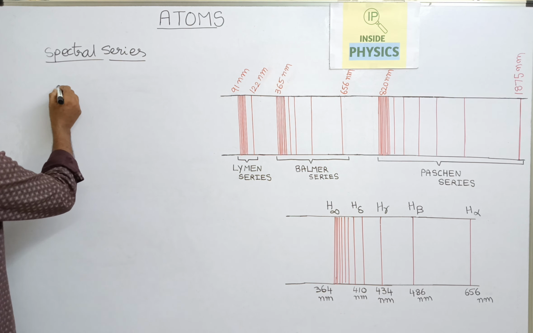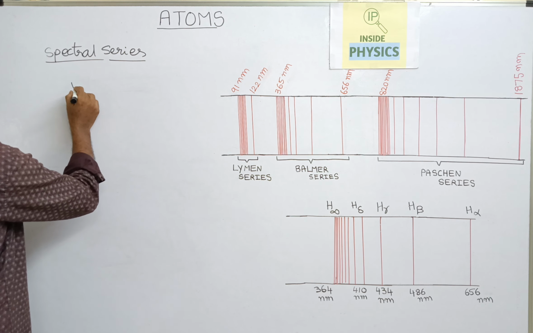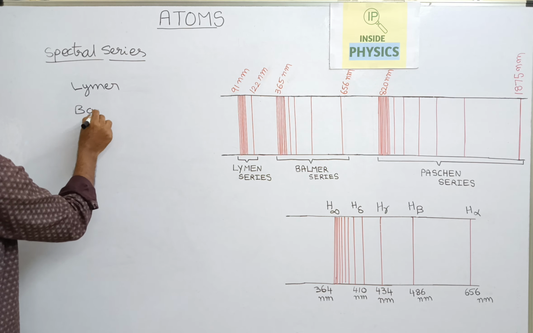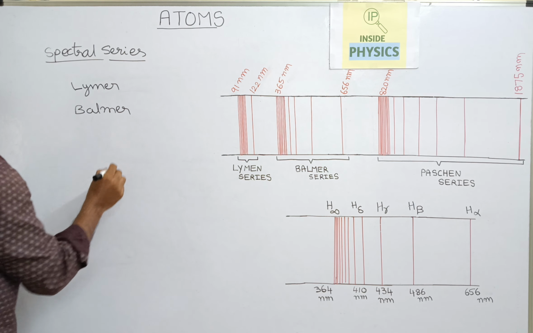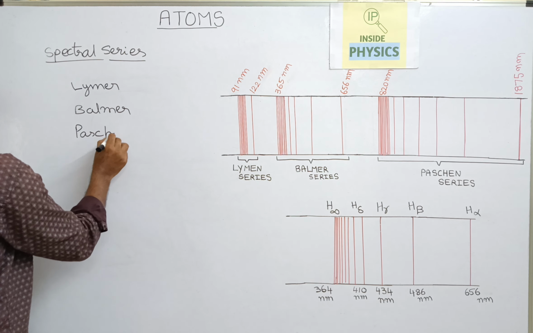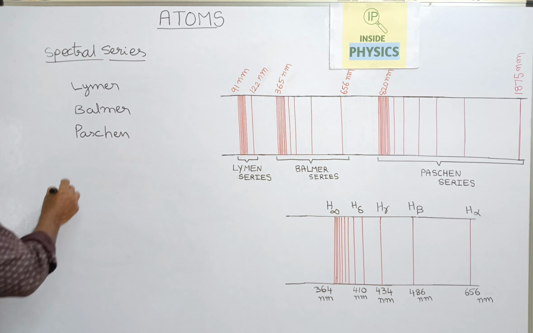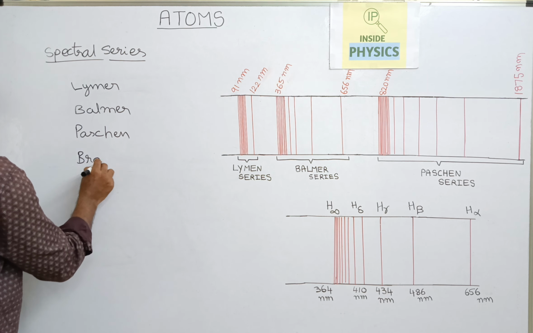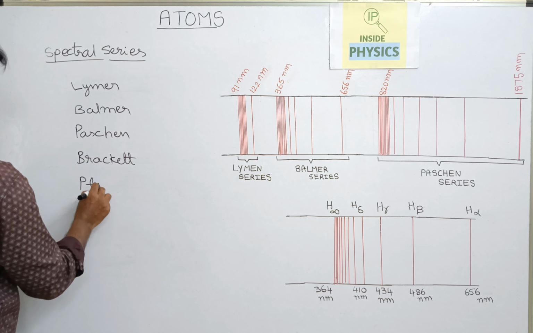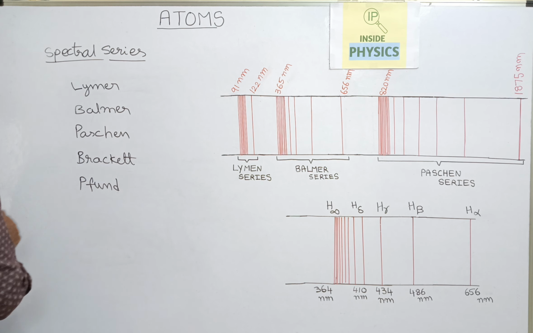The first series was discovered by Lyman, the second one we already discussed, Balmer, the third one Paschen, the fourth one Brackett, and the fifth one Pfund series. These are the 5 series that were discovered by the respective scientists.